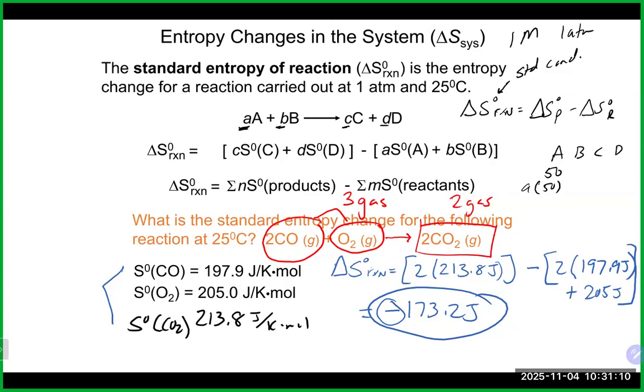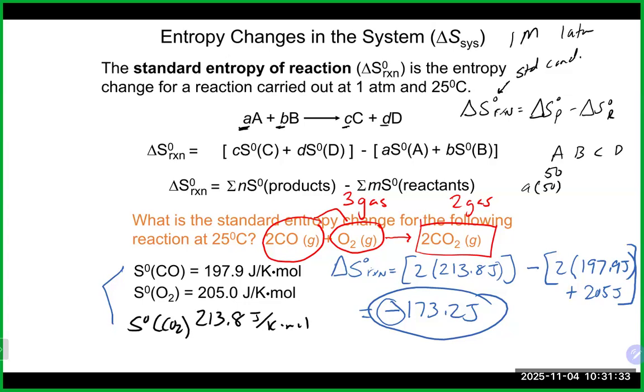I'm going from 3 crazy things flying around to only 2 things, right? So again, I'm going from a lot more disorder and things flying around to fewer things flying around and a lot more order. So we would predict, even before doing the calculation, that the reaction here is increasing the order, and we should end up with a negative value for our delta S for the reaction.